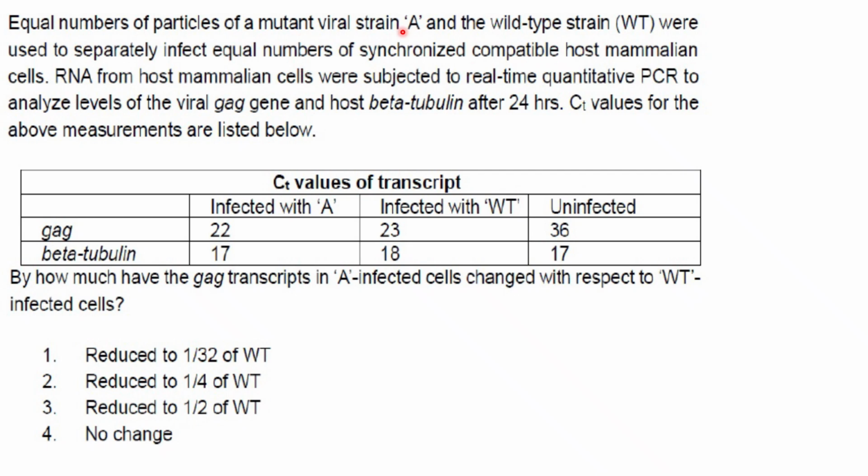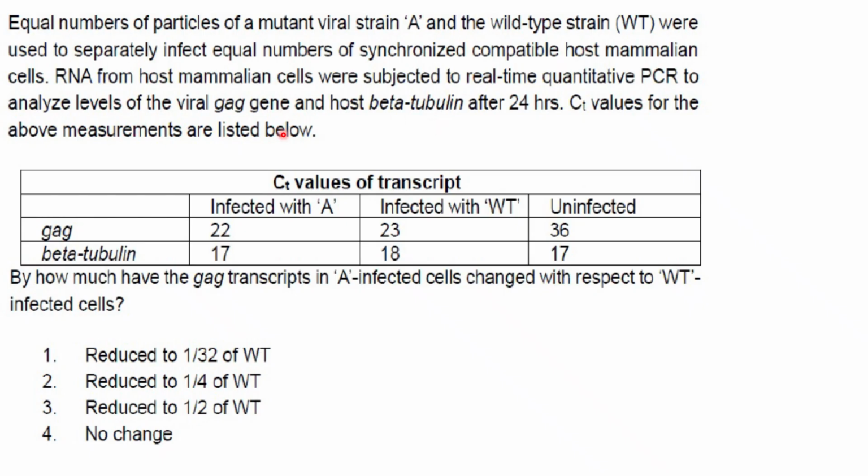So these two viral strains, the mutant and the wild type, were used to infect the mammalian cells. RNA from the host mammalian cells was subjected to RT-PCR. So you extracted the RNA from the infected cells, and you have conducted the quantitative real-time PCR analysis.